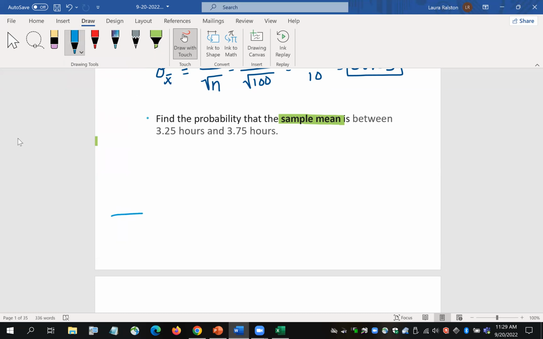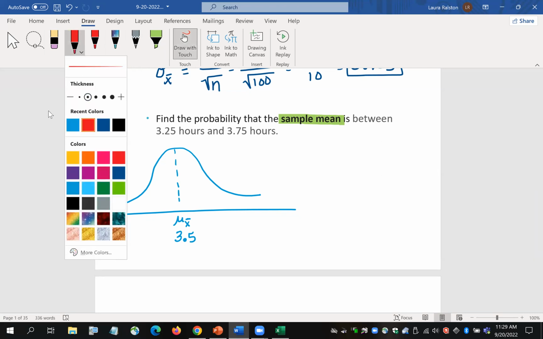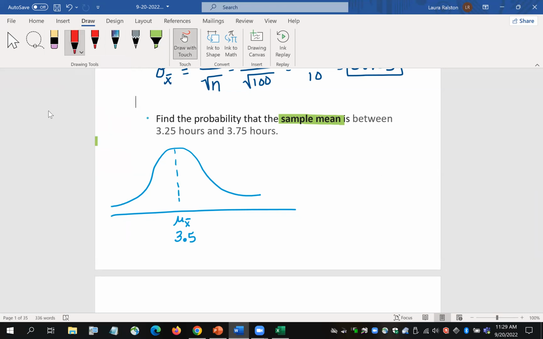So I'm going to draw my normal distribution. So I have my horizontal axis, my normal bell-shaped curve, the mean is in the middle, and it's 3.5. I'm looking for between 3.25 and 3.75.